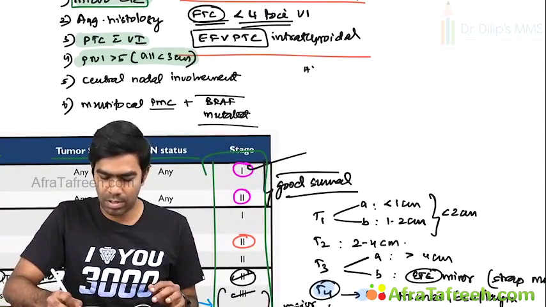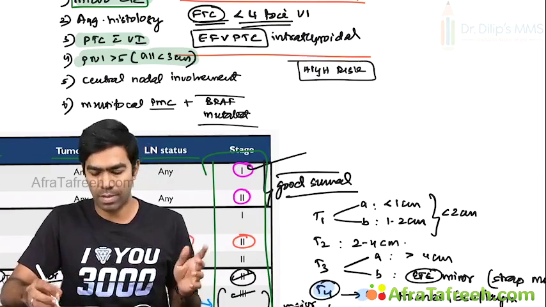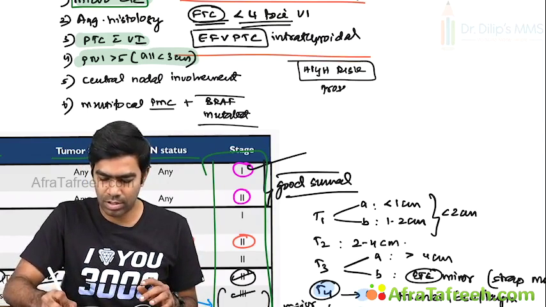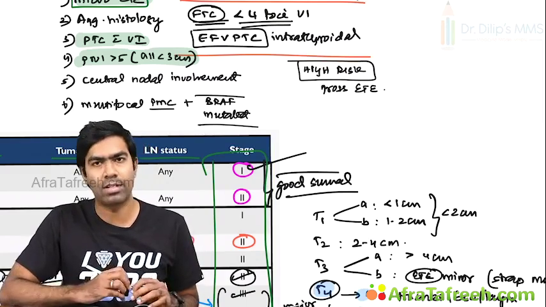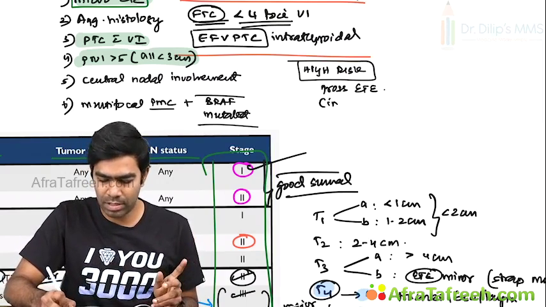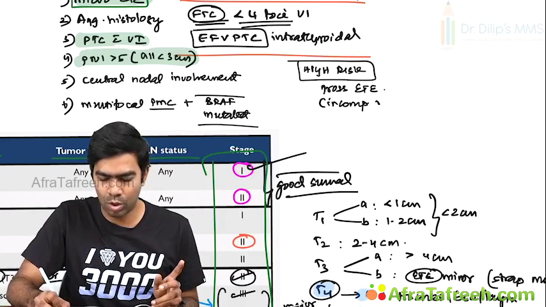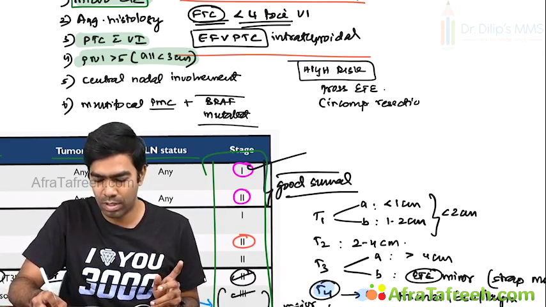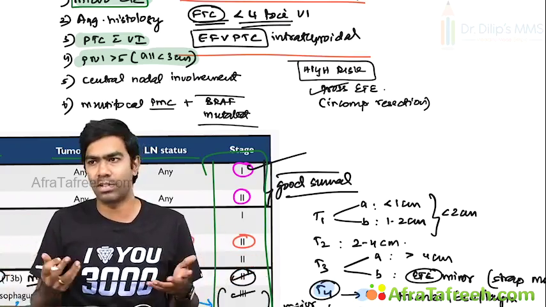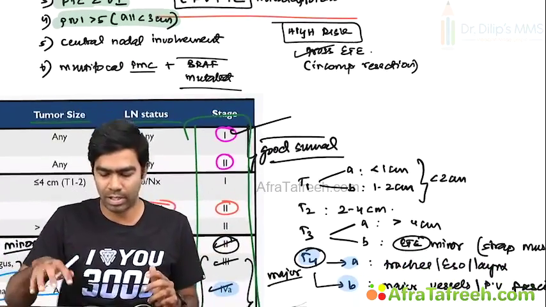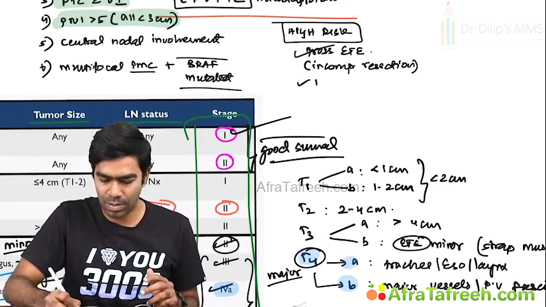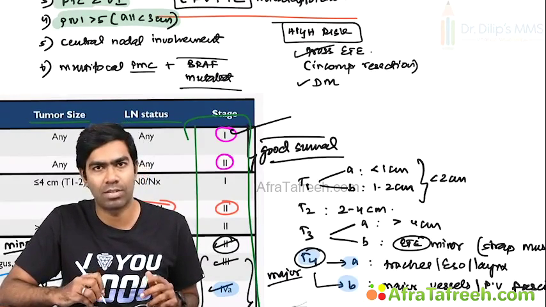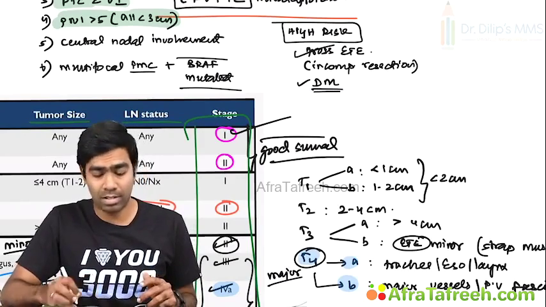And what are the things that will come under high risk? High risk is very simple. If the patient has a gross extrathyroidal extension, which means surgically incomplete, it's an incomplete resection. The surgeon couldn't do the resection completely, possibly because it could be encasing the major vessels. Incomplete resection, or the presence of distant metastasis, right? Distant metastasis.